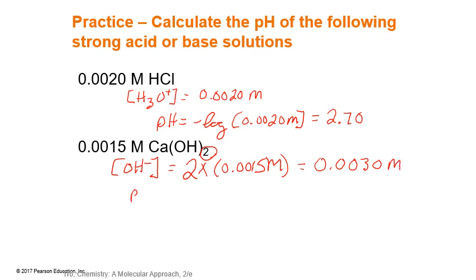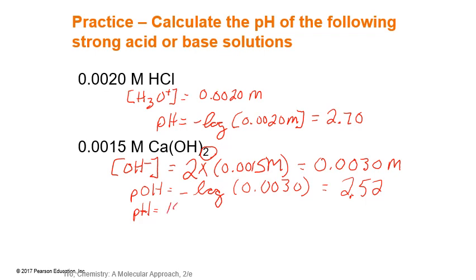We can find our pOH by taking the negative log of this concentration, which is going to give us an answer of 2.52. Now, how do we find pH? This is pOH. So pH is going to be equal to 14 minus our pOH.